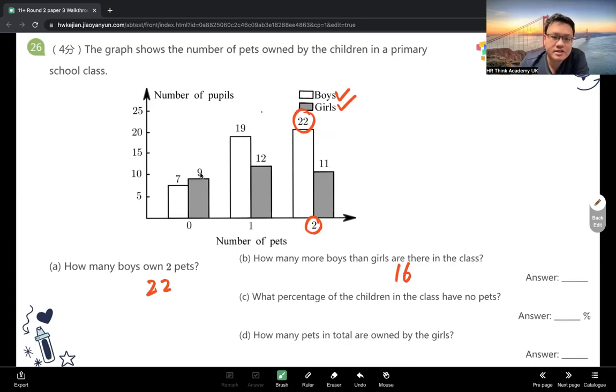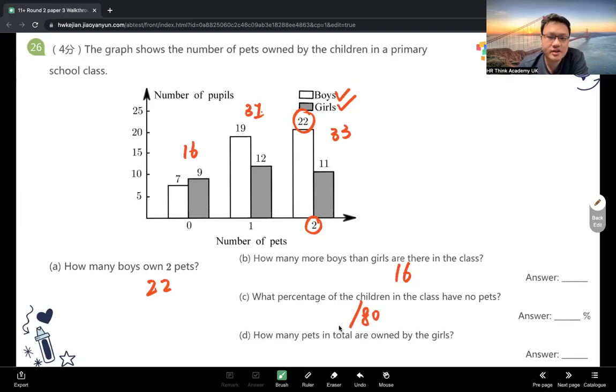You do 7 plus 9. That will be 16. 19 plus 12 gives you 31 and 33. And then you add them all together, you'll find that is 80, right? It's 80. You got 80 students.